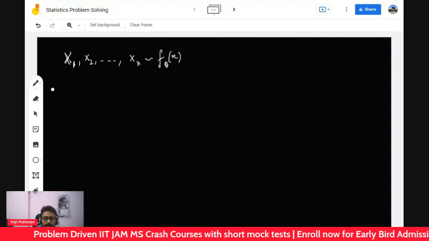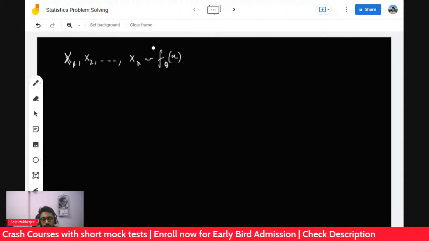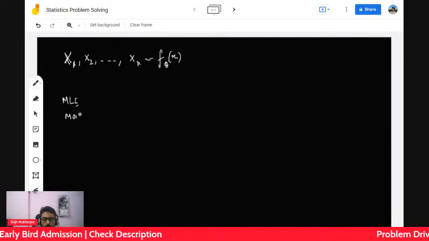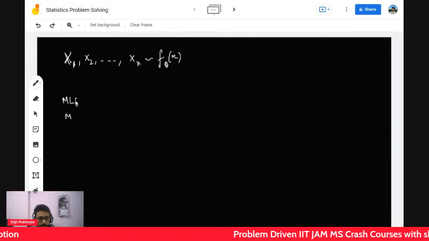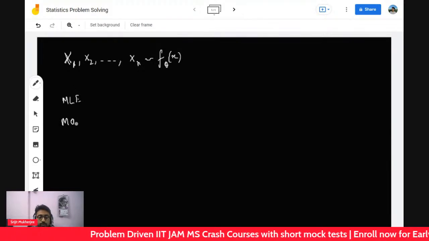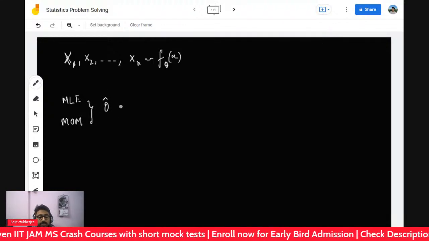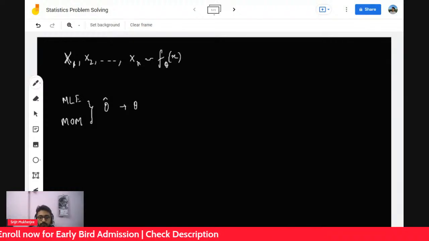If this was the idea, then we have understood that MLE and MOM are nothing but algorithms for trying to find very good estimates of theta. They give really good estimates of theta, and that's the only purpose of this.